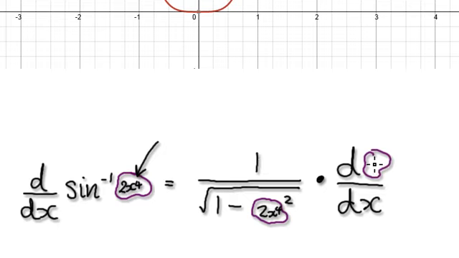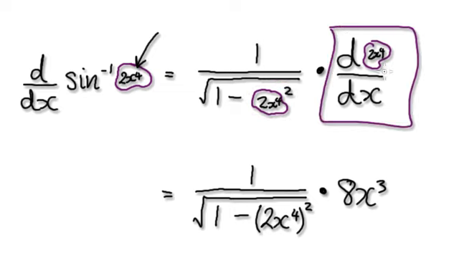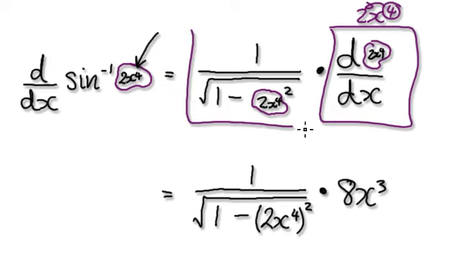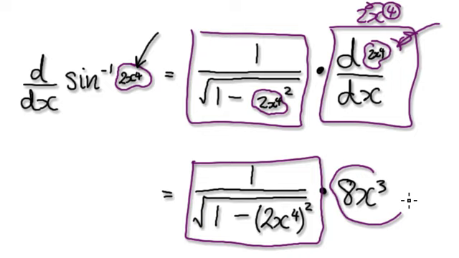Remember that later on we've got to square this, but let's just differentiate the bubble first. The bubble is (2x)^4, so when you differentiate that, it gives you 8x^3. This block remains the same, and we just differentiate the bubble. That will give us this.